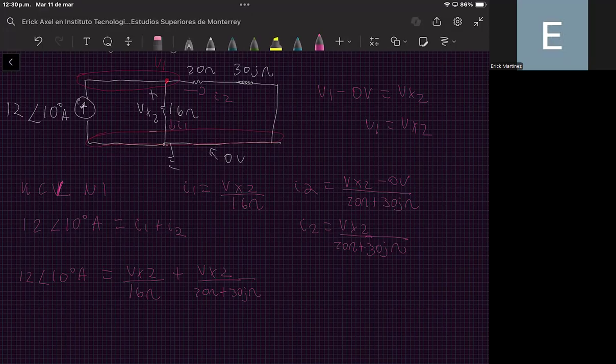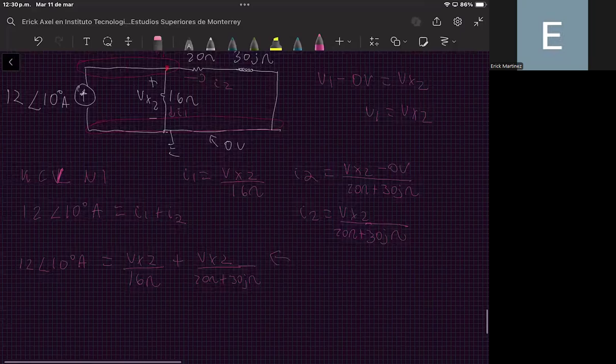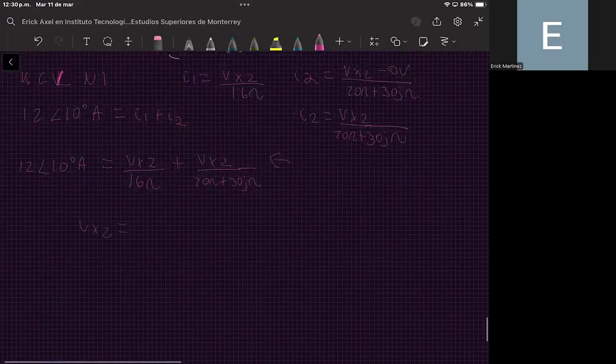What else can we do? Well, we can solve this equation for Vx2, and Vx2 will be equal to 147.7259 with an angle of 26.5043 degrees, and these are volts.